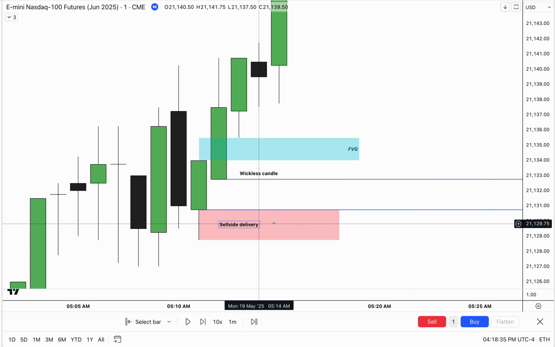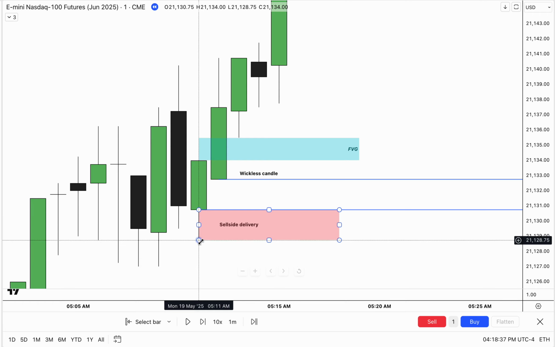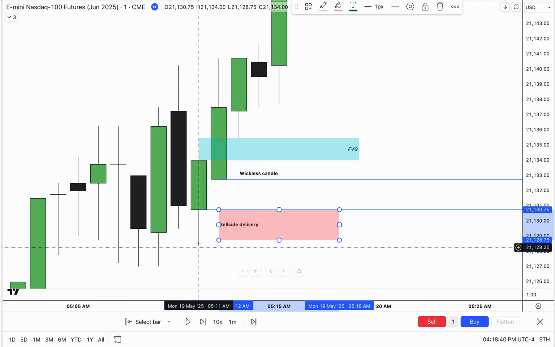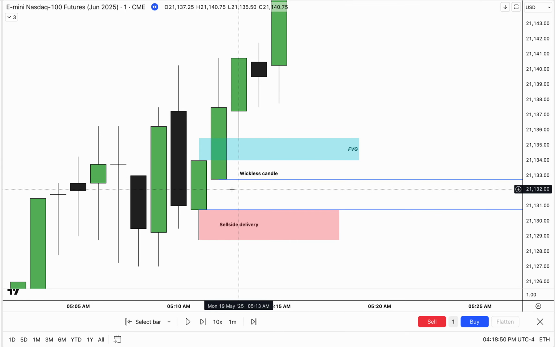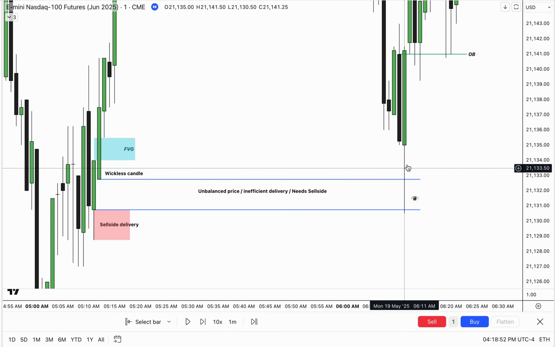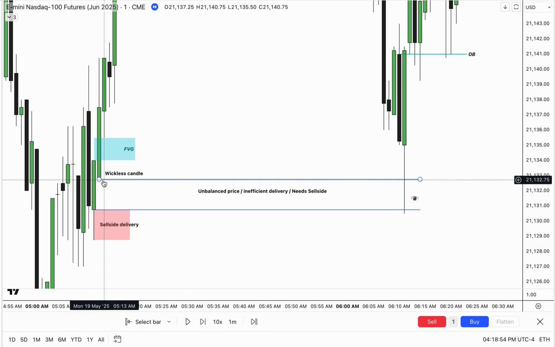We have a sell side delivery here, the wick down. The candle makes a wick, closes higher, and then we open here and trade higher without a wick. But I've noticed a lot of times price will come back and tap into these and then run away, like here. We get that wick down, filling this sell side, because there's nothing here.